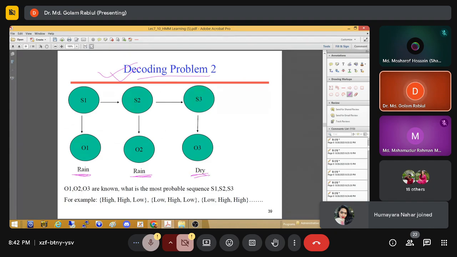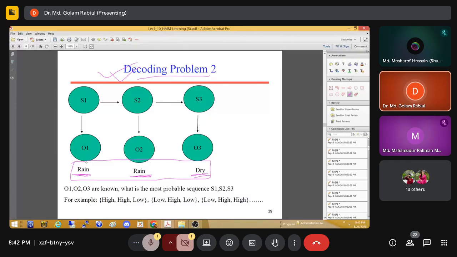So this is just a sequence of observations over 3 days: day 1 rain, day 2 rain, day 3 dry. Based on these 3 observations, we want to know the state sequence.